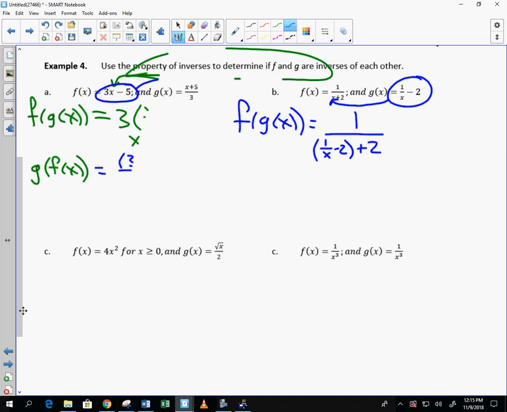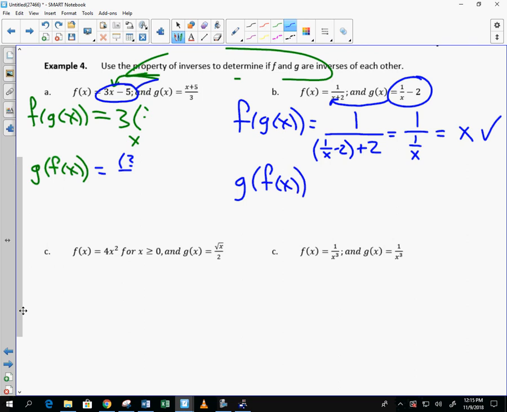The 2's cancel, and you get 1 over x. When you multiply by the reciprocal, you get x. Now, we're out of time, but you would also have to do g of f of x, and you would get the same exact thing.